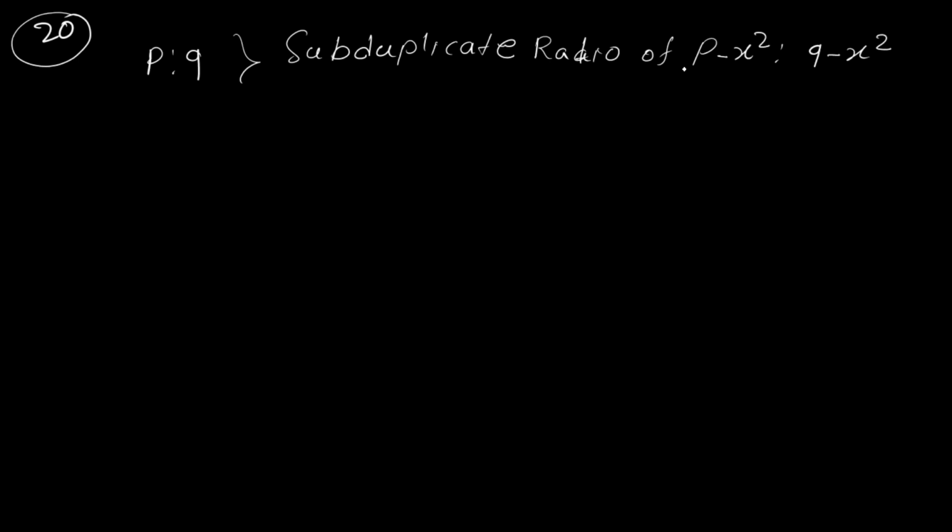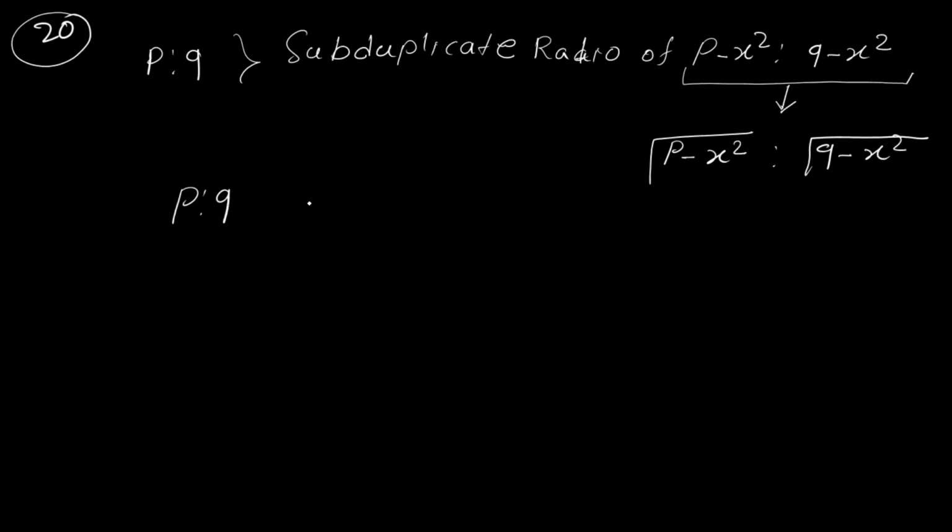So if I ask you to find the subduplicate ratio for this, then what will you do, sir? Root under we have to put. So root under p minus x square is to root under q minus x square. Actually this is the subduplicate ratio, but they have given that suppose p is to q is also the subduplicate ratio of this.